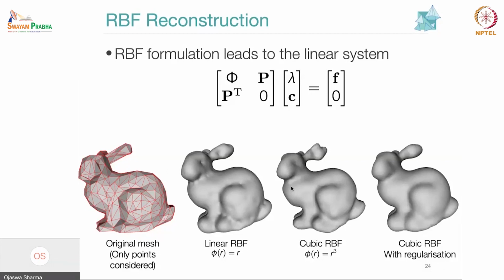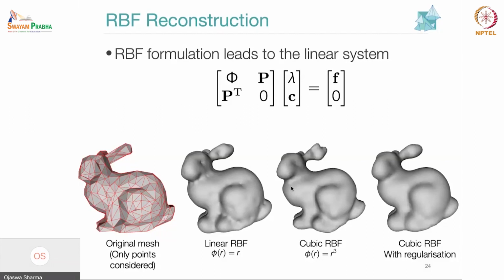and let's take a look at some of the results. So let's say we have this bunny mesh, and for now let's ignore the mesh and only consider the points. You have this linear RBF where the RBF function was a linear function of phi r equals r. You could change the RBF function to be a cubic. In that case, you get a smoother surface, but there is some shrinkage of the bunny.